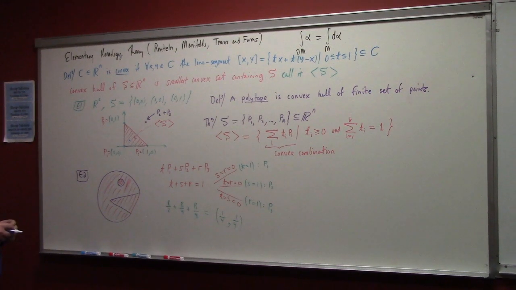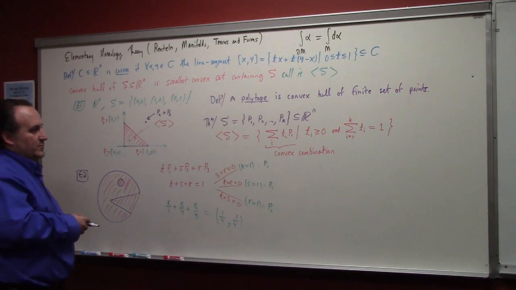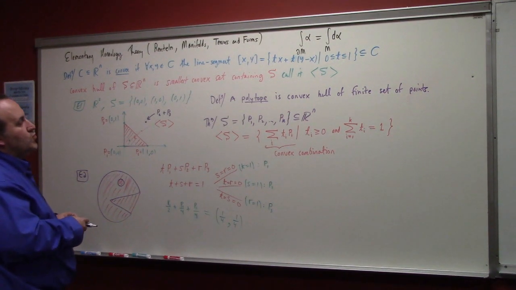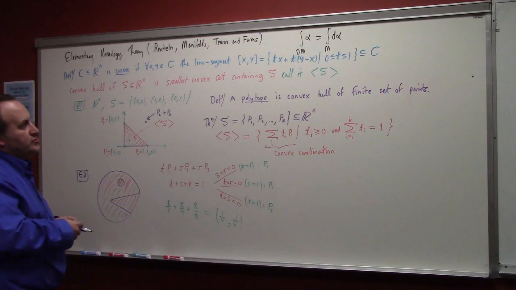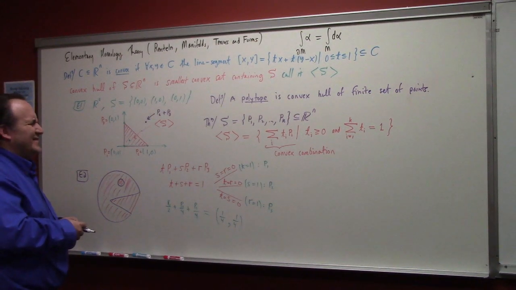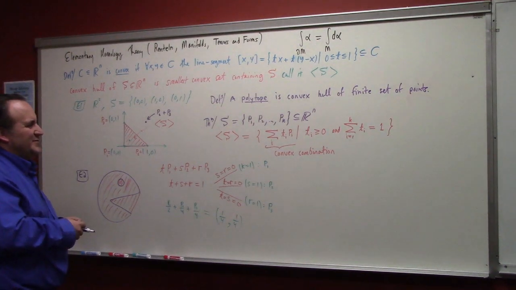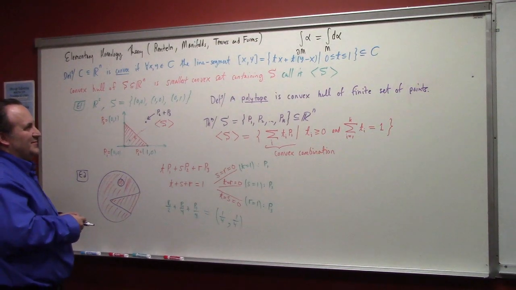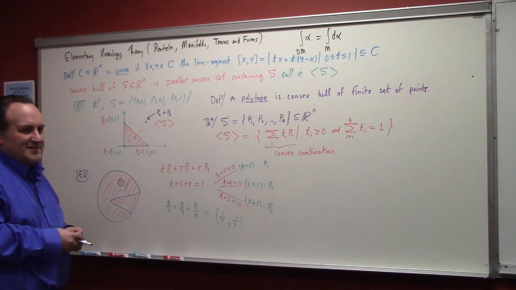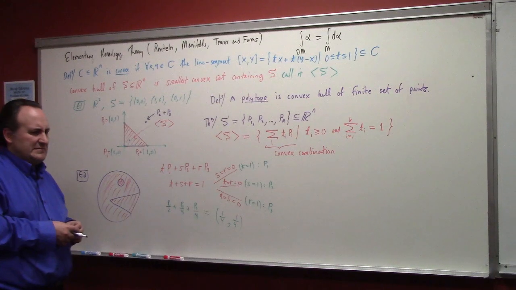I can prove the base case. You can kind of see the base case, right? The base case is just one point, P1. Okay, fine, that's kind of dumb. It's one of those things where maybe you want to look at the k equals 2 case as your base case.